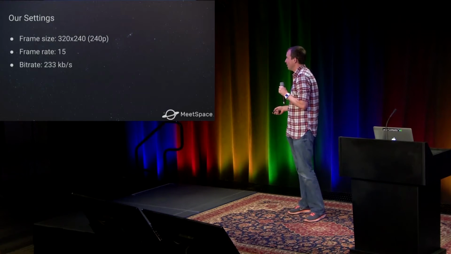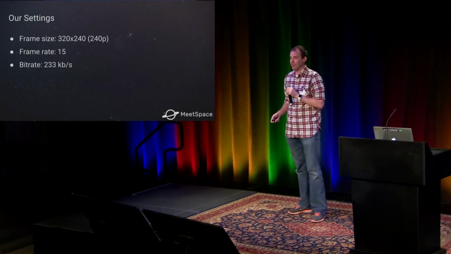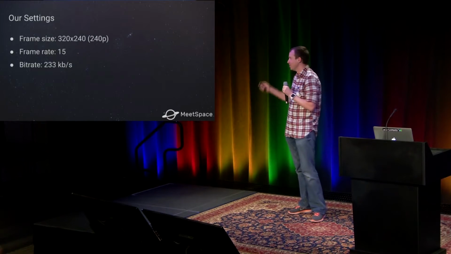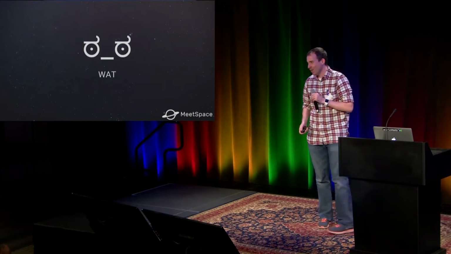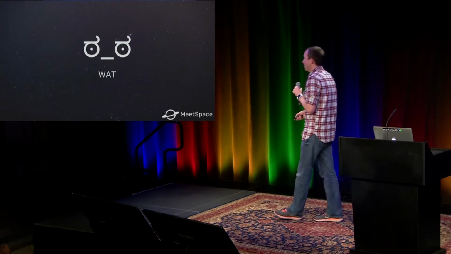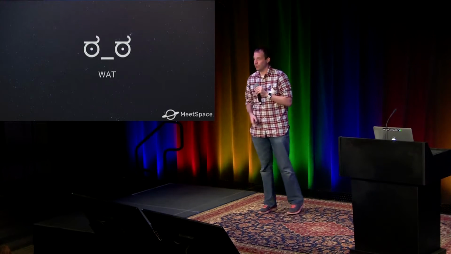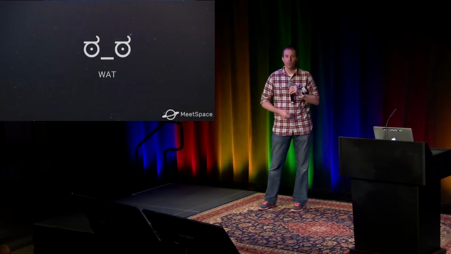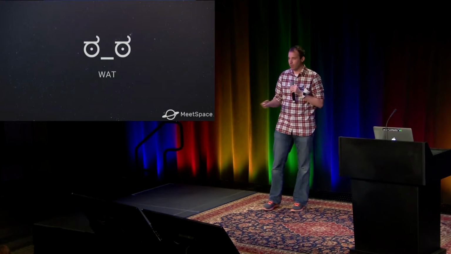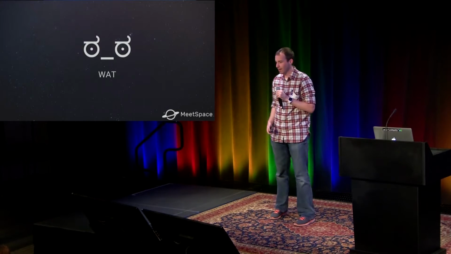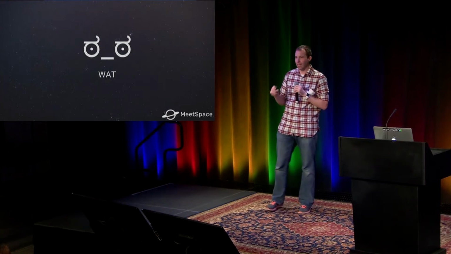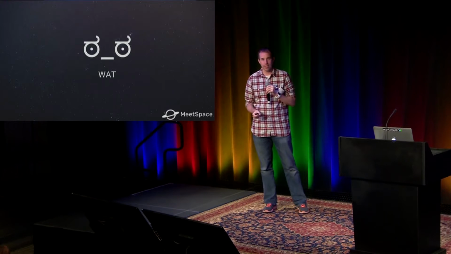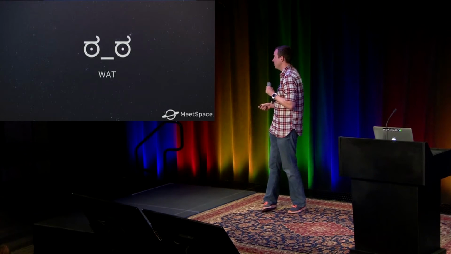That's lower than an iTunes MP3, but this is for video. So this really surprised me, that we were able to drop it down that far and still get something that was really working, or at least was adequate, where you could see how the other people were feeling, their facial expressions, and getting that all across. But I was pretty surprised at how much we could tighten the vise on WebRTC and still get something out the other side that looked pretty good.